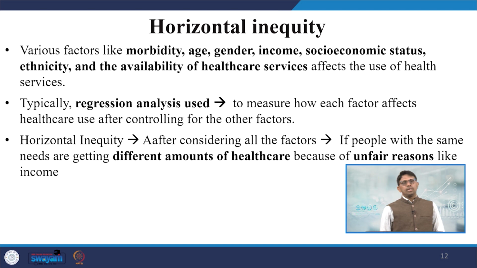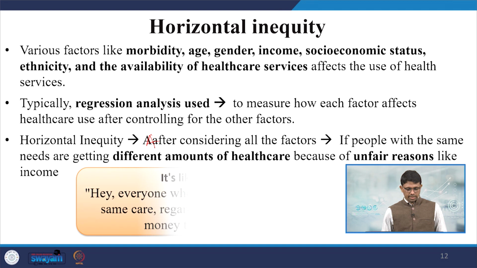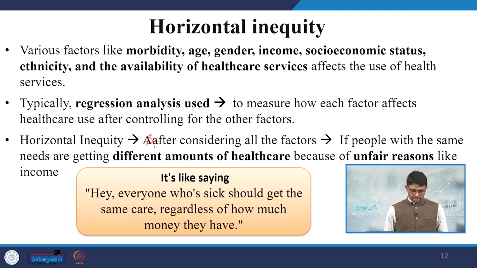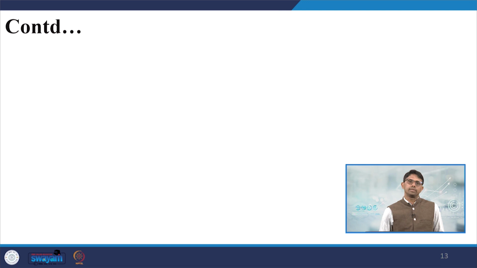Horizontal inequity, after considering all the factors, is when people with the same needs are getting different amounts of healthcare because of unfair reasons like income. It's like saying, everyone who is sick should get the same care, regardless of how much money they have.